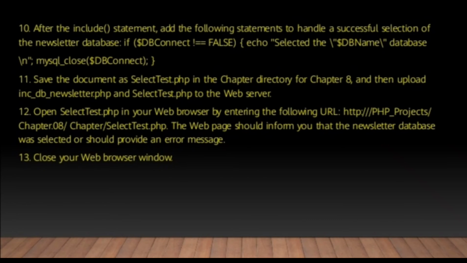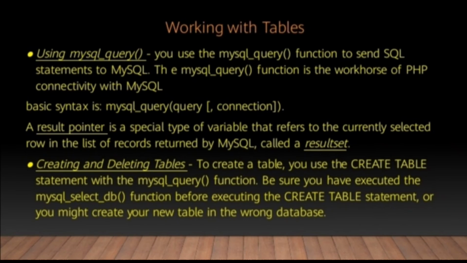Working with tables. In this section, you will learn how to use PHP to work with MySQL and tables. More specifically, you will learn how to create and delete tables. Using mysql_query: you use the mysql_query function to send SQL statements to MySQL.